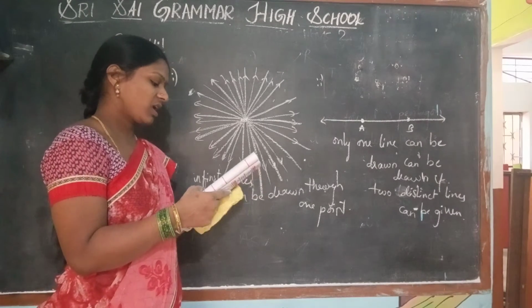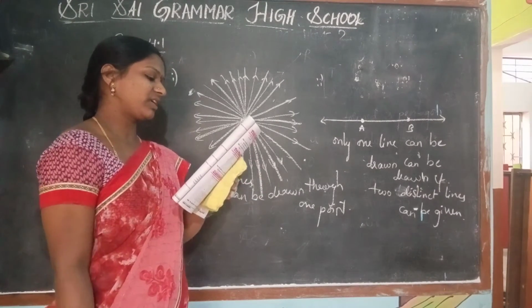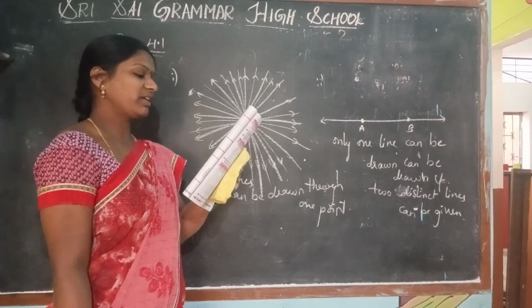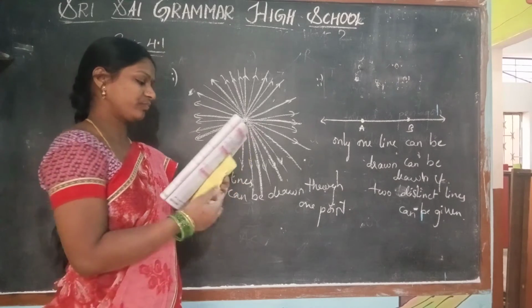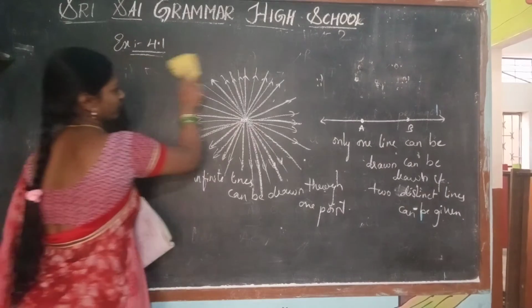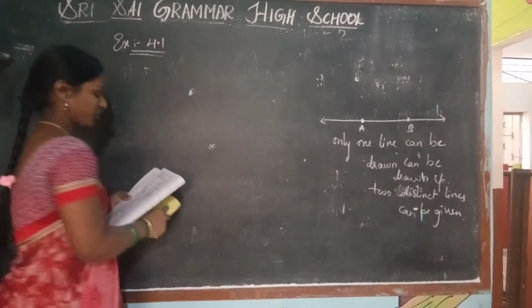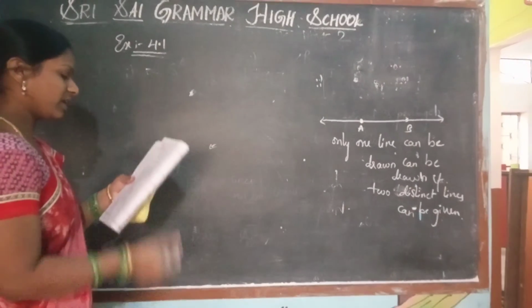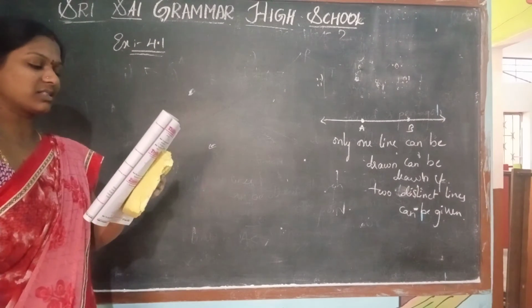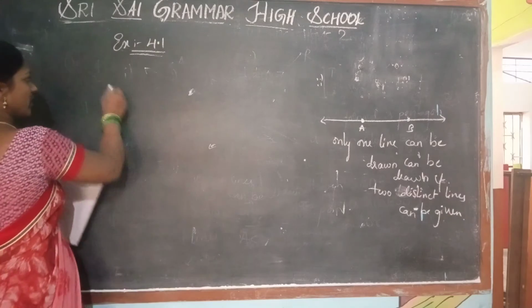Now, which of the following has a definite length? Line, point, line segment, ray. If a line is given, a line has no definite length, it has no end points.